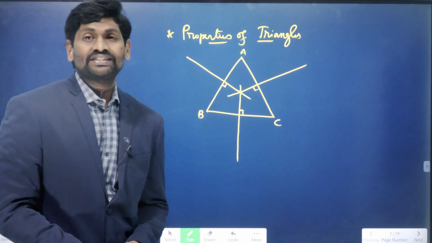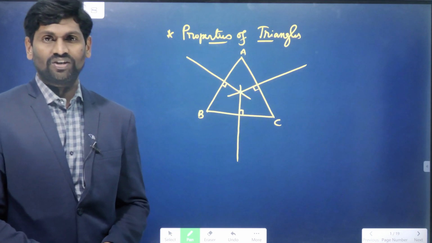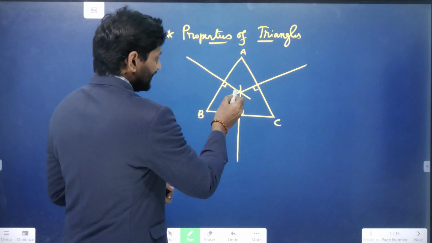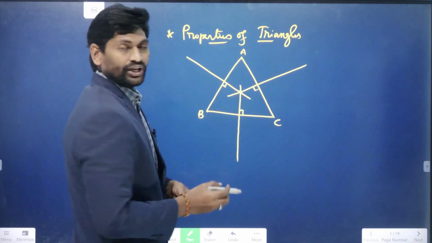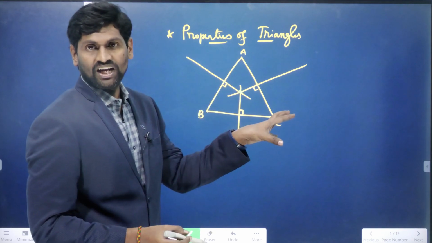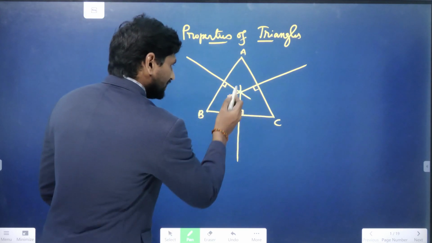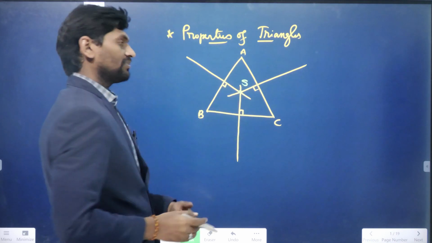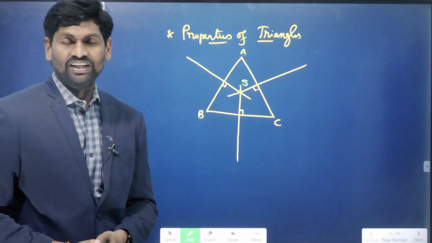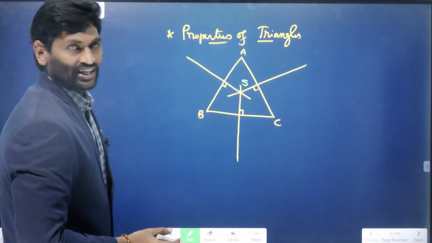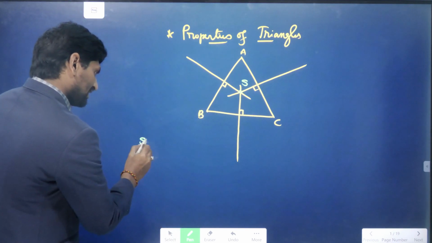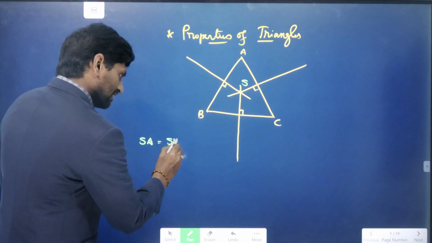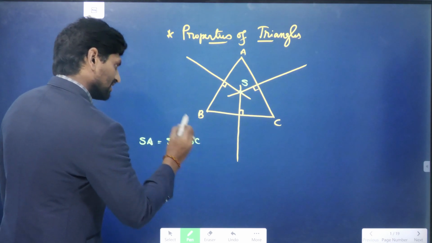This is called the circumcenter. From this point, the distance to any vertex of the triangle is equal. The circumcenter is represented with the letter S. So from this diagram we can say that the distance SA equals SB equals SC.